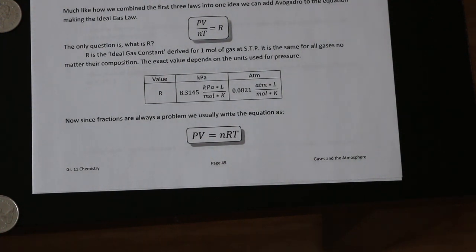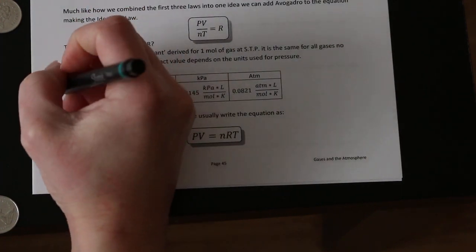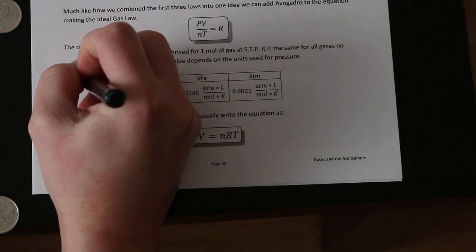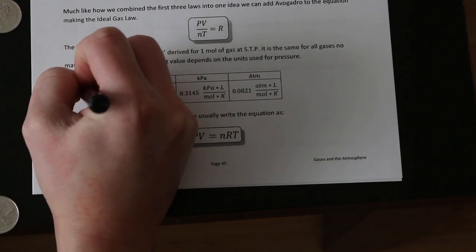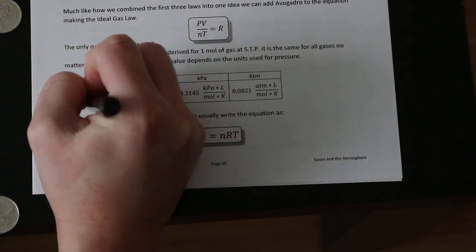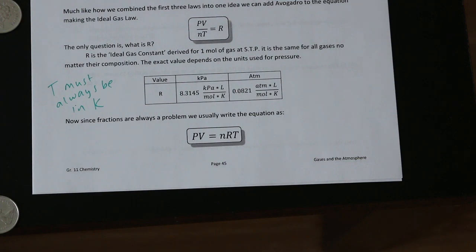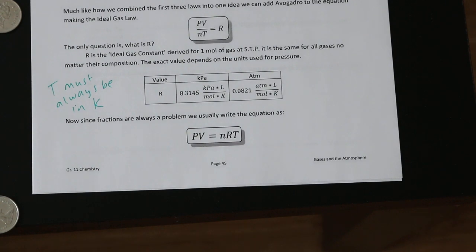It's usually given as that 8.31 number, but if we're going to use the 8.31, we have to ensure that our units of pressure are kilopascals, our units of volume are liters, and of course our temperature is in Kelvin. So remember, temperature must always be in Kelvin for any one of these types of gas laws, okay? So that's the new equation for us to memorize, PV equals nRT.